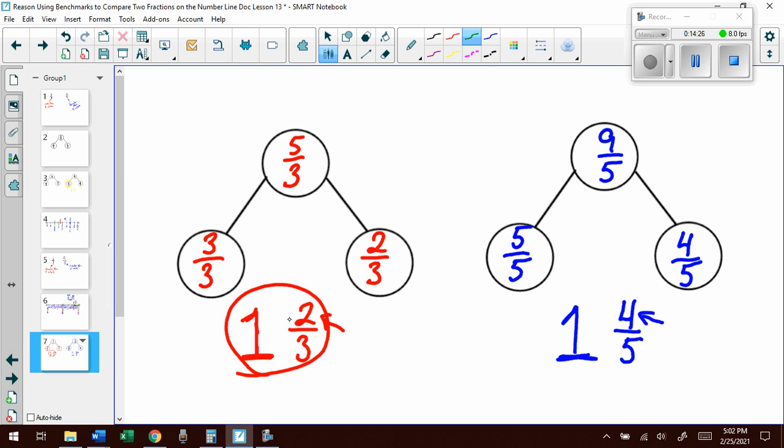We found out that 5 thirds as a mixed number is 1 and 2 thirds. Then we went to 9 fifths. We found what 1 whole would be, which would be 5 fifths. And what was left over was 4 fifths. We had 1 as a mixed number. We had 1 and 4 fifths.